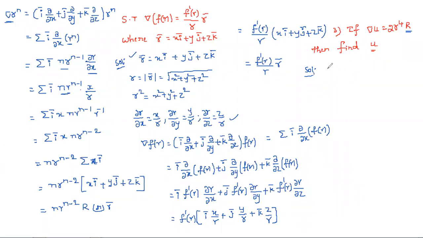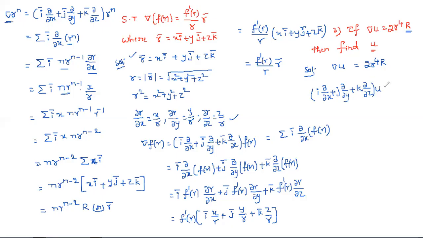Here del u is equal to 2r power 4 into capital R. Del means, as we already know, i into dou by dou x plus j into dou by dou y plus k into dou by dou z, into u.